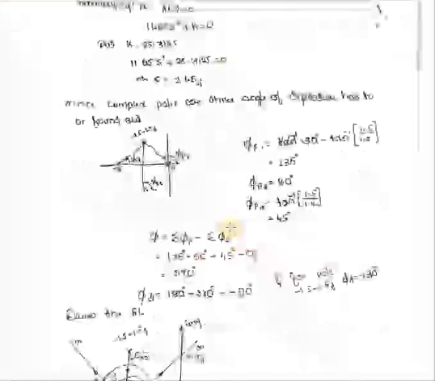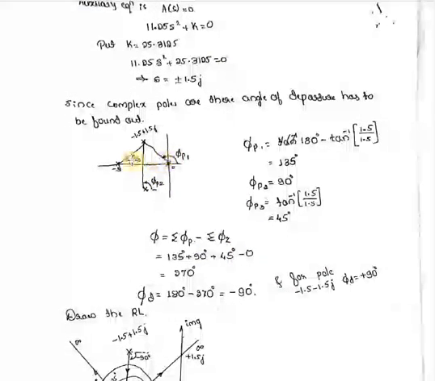For that, first you locate all the poles and zeros on the S plane. Take this point as the reference point. Join all the poles and zeros with straight lines. So phi p1 will be 180 degrees minus tan inverse of opposite, the height, 1.5 divided by 1.5, so it is 135 degrees. Similarly, phi p2 is a vertical line here, so it is 90 degrees. Phi p3 is here.